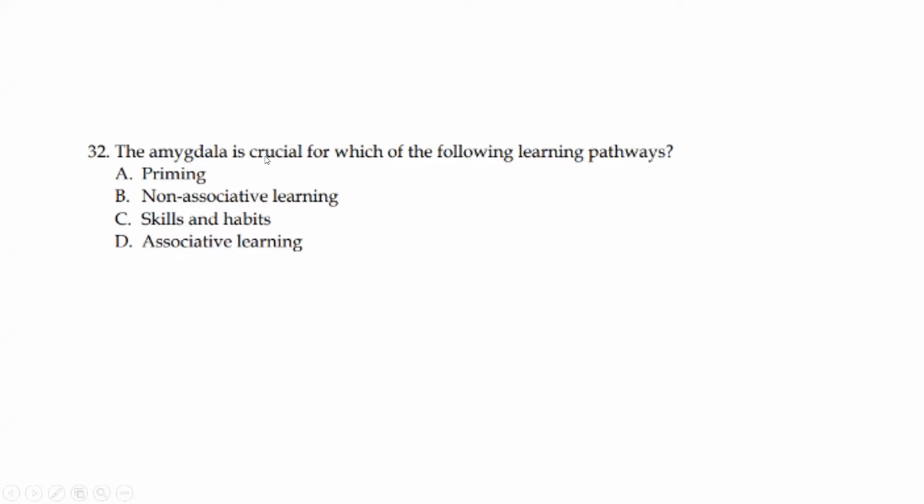So, the amygdala is crucial for which of the following learning pathways? Is it going to be priming, non-associative learning, skills and habits, or associative learning?